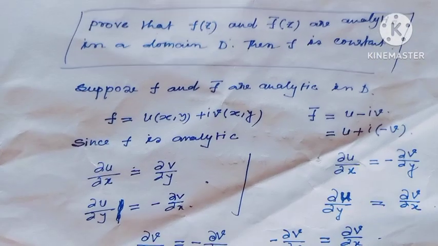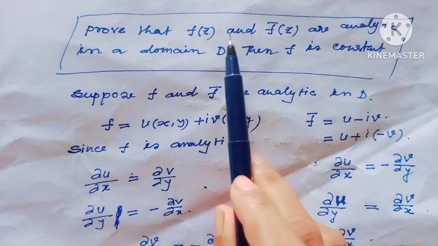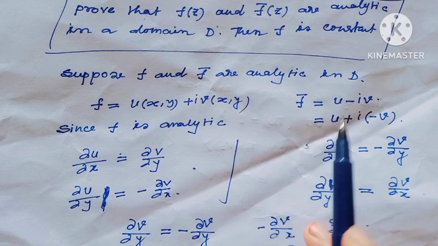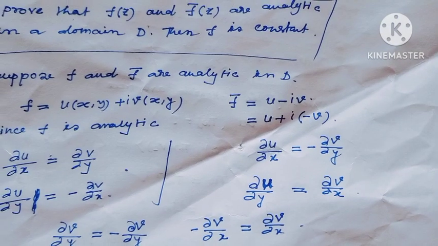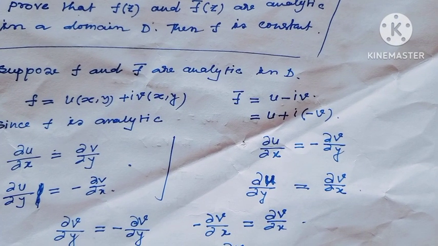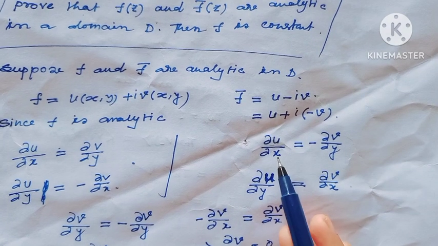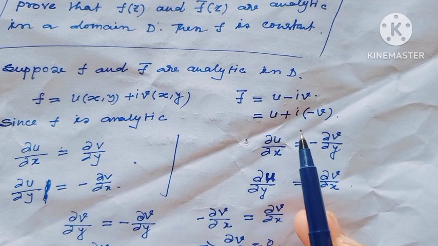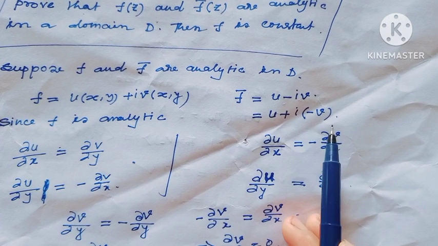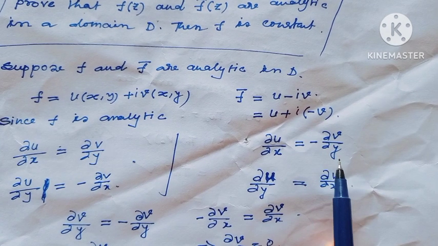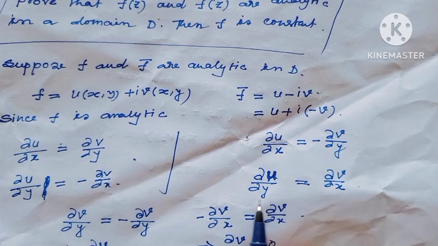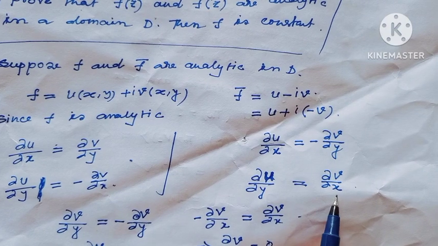And here, given f and f bar both analytic, since f bar is also analytic, that means it also satisfies the CR equation. That means here del u del x equal to, since here v becomes minus v, minus del v del y and del u del y equal to del v del x.